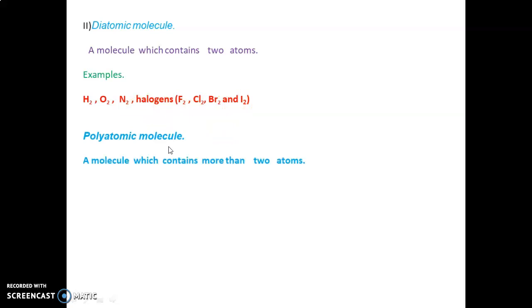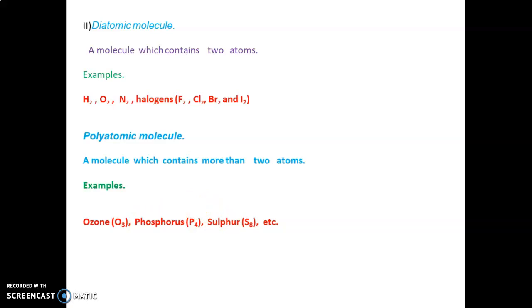Then polyatomic molecule: a molecule which contains more than two atoms is called a polyatomic molecule. Examples: ozone, phosphorus. The phosphorus molecule is P4, that is 4 phosphorus atoms. Sulfur contains 8 sulfur atoms. These are examples of polyatomic molecules.